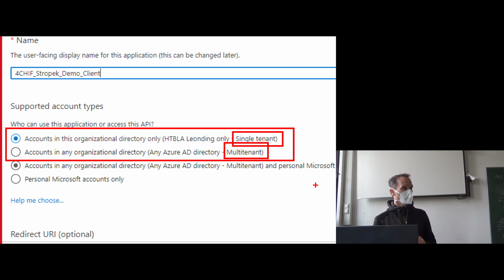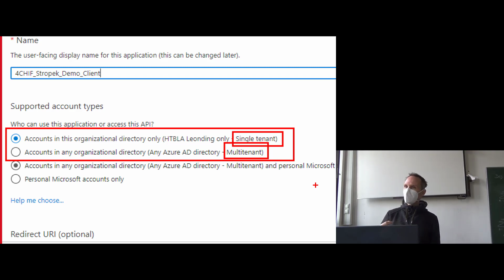Tenant in German, if you translate it, it's a Mieter. Like in a multi-story home, for instance, in a large building, you have multiple tenants, Mieter. Everyone has a separate part of the building, but you have multiple families living in the same house. And that's the same here, okay?